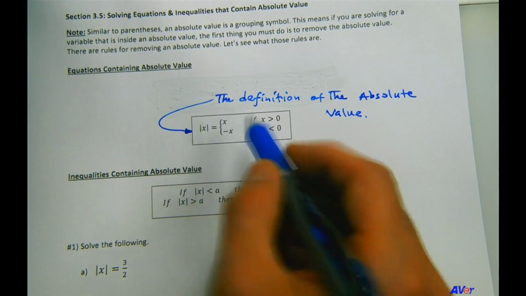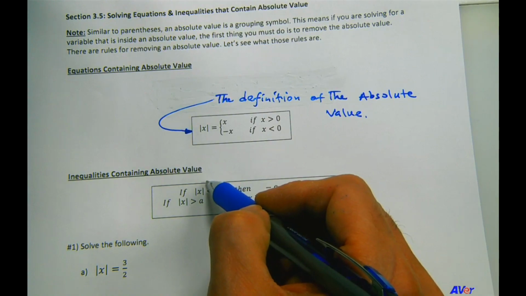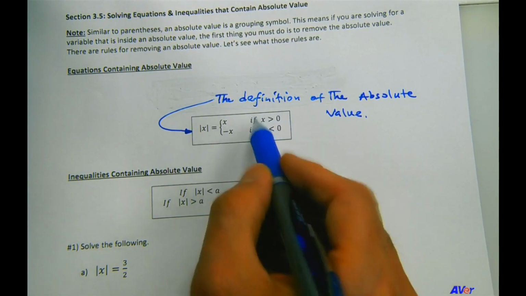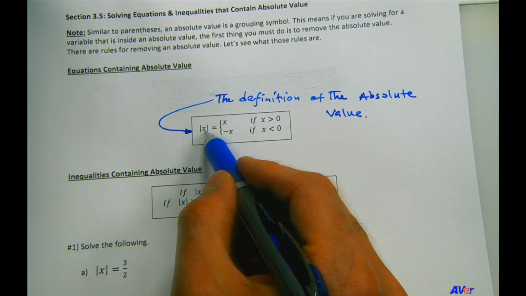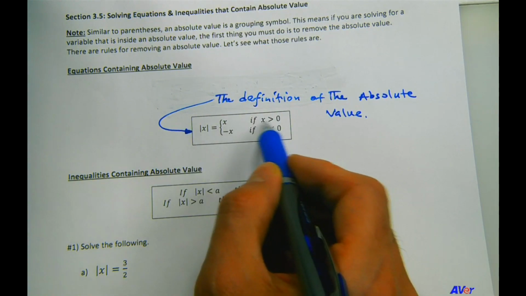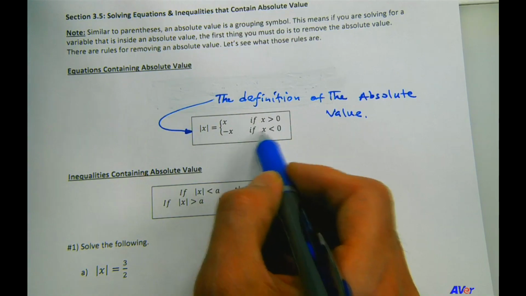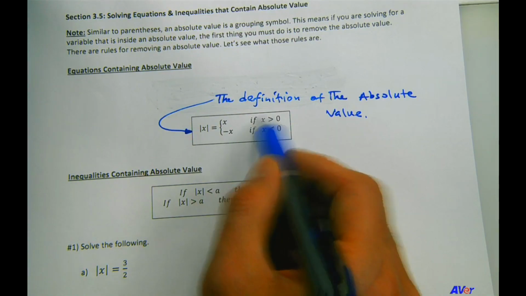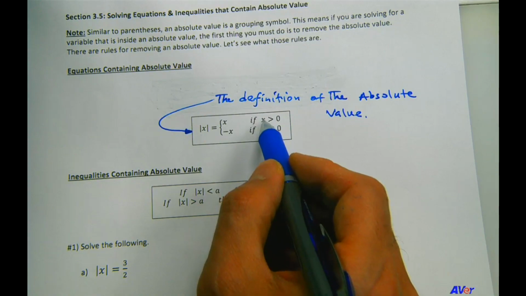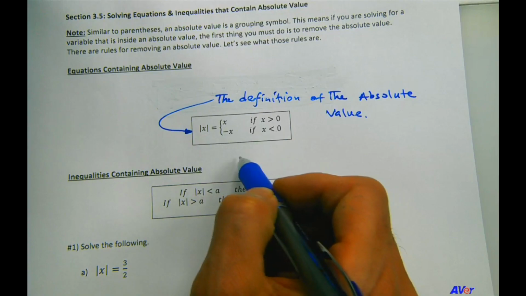And second, as we do that, we end up with two solutions, not one. The other thing is that this removing of the absolute value is conditioned on the x value. That's why we have f(x) greater than 0, f(x) less than 0. In other words, this is the mathematical way of saying if x is positive and if x is negative.